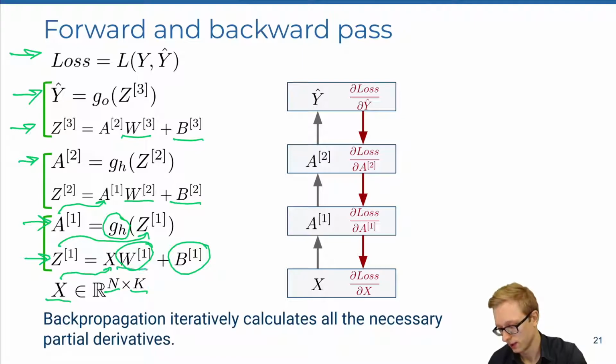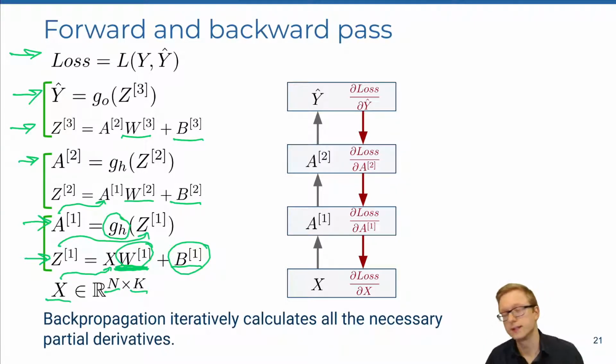And we can do this using gradient descent, but if we just do it naively as we did with linear regression, then this is going to be a huge amount of calculation. For example, in order to calculate the partial derivatives for this weight matrix here, we have to go through all the functions in the network, do all the calculations for each of the parameters there. And we don't want to do this.